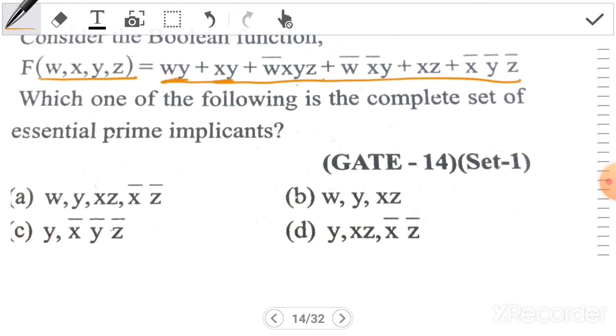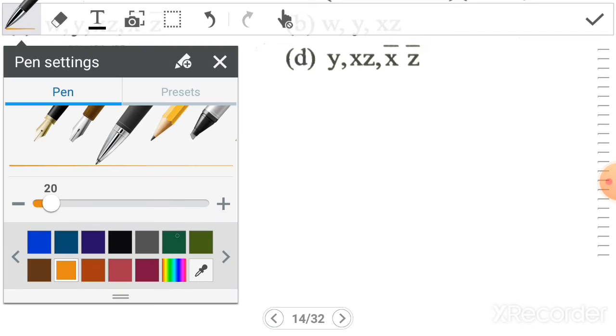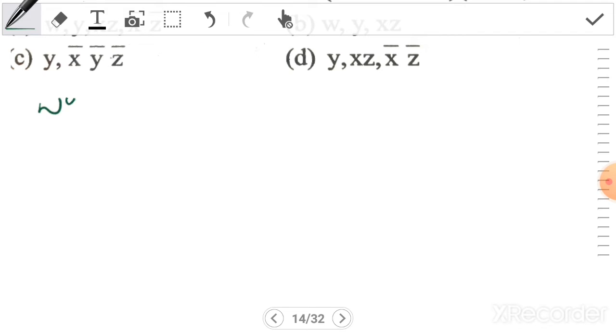Here all variables are present. Here z is missing, so multiply this by z plus z complement. Here w and y are missing, so w plus w complement and y plus y complement, and here also w is missing. So let us do that. So wy, x plus x complement and z plus z complement.